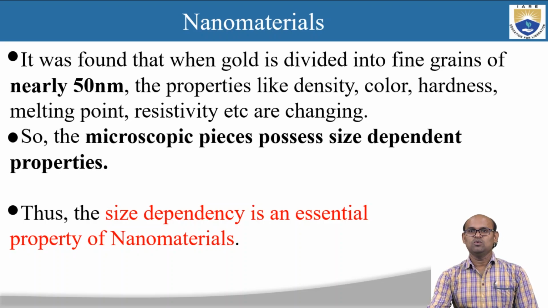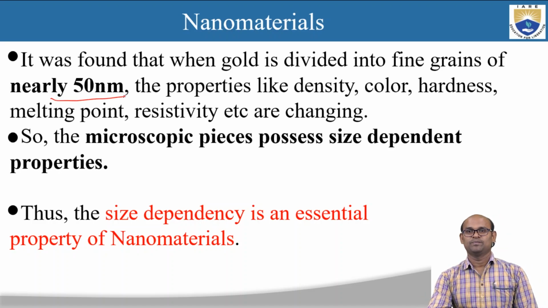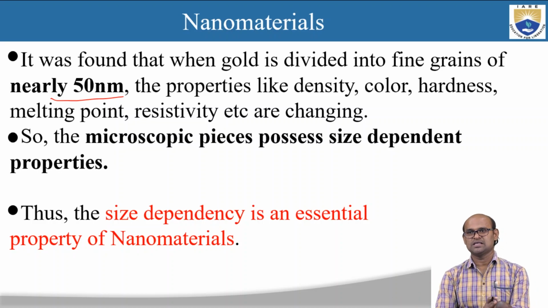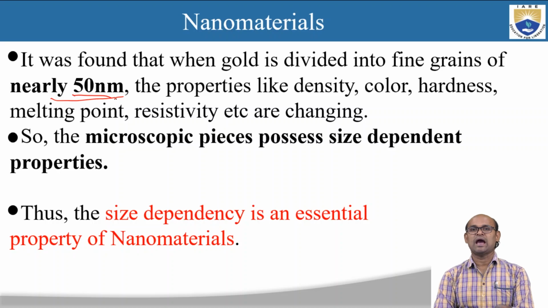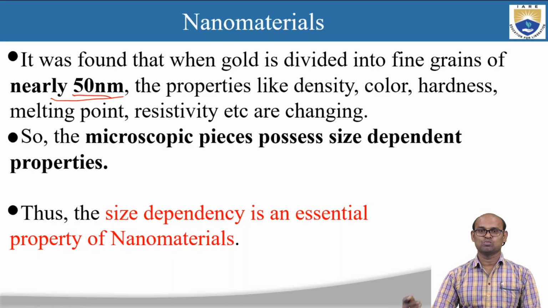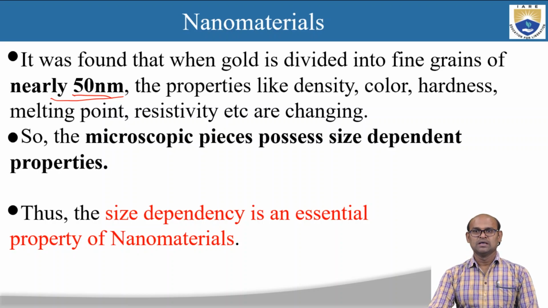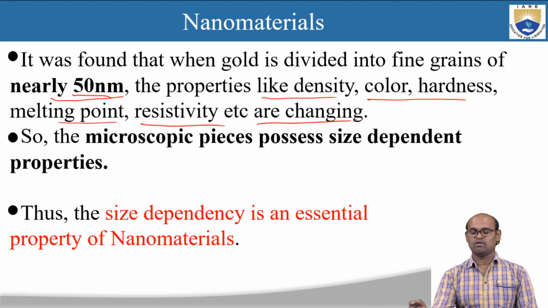It was found that when gold is divided into fine grains of nearly 50 nanometers, as we keep on dividing this 100 centimeter cube biscuit into smaller and smaller pieces, up to nearly around 50 nanometers along each side of the cube, then the properties like density, color, hardness, melting point, resistivity, etc. are changed.